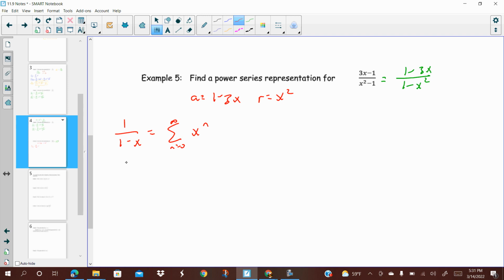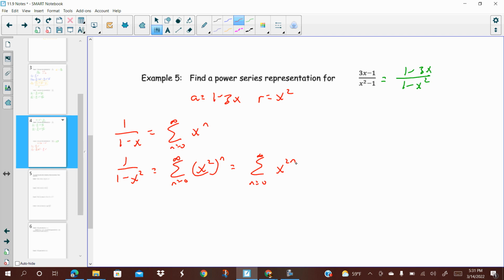Substitute in the r. So I am literally going to plug in x squared where I had x. So now this becomes x squared to the n power, which, rewriting it, there's no negative sign to worry about here, so I literally just distribute the n to the x squared, and we get x to the 2n.